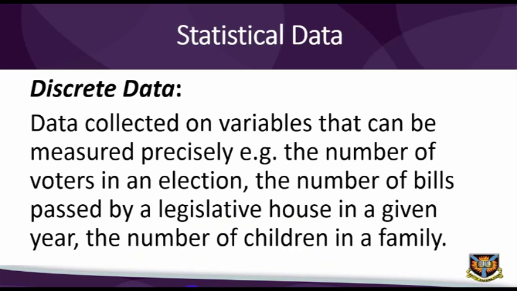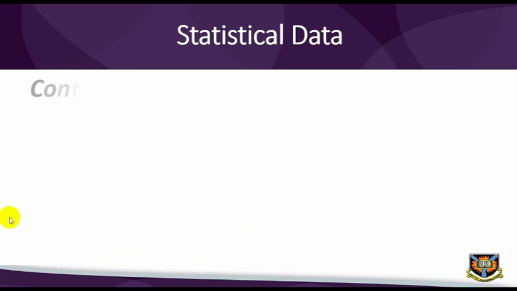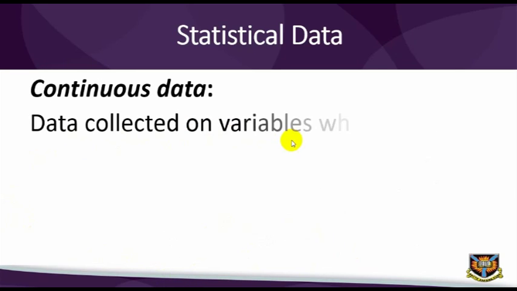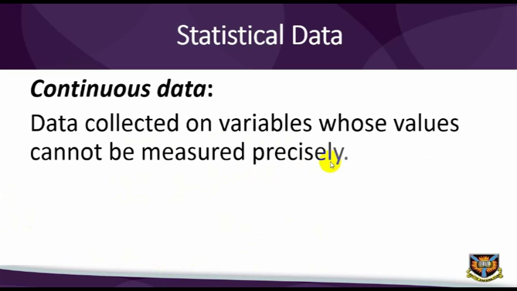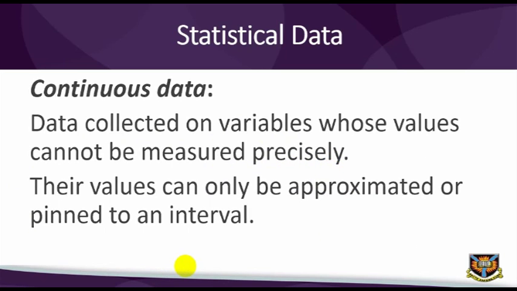Continuous data are data collected on variables whose values cannot be measured precisely. Their values can only be approximated or pinned to an interval, e.g., the distance between Lagos and London could be said to be 50,007 km plus or minus 1 km. This is not a precise figure but an interval.